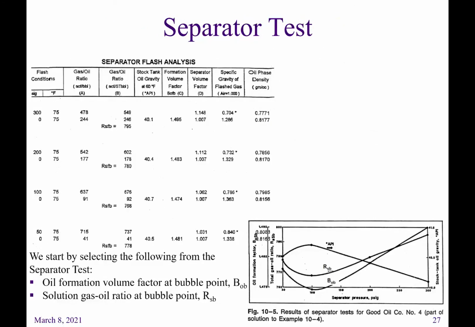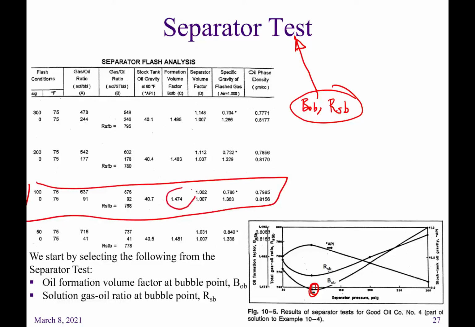We're going to use BOB, oil formation volume factor at bubble point, and solution gas oil ratio at bubble point from separator test, and we got that from the minimum BOB because that's what maximizes the amount of oil at surface conditions, and that's what gave us this as BOB and this as RSB.